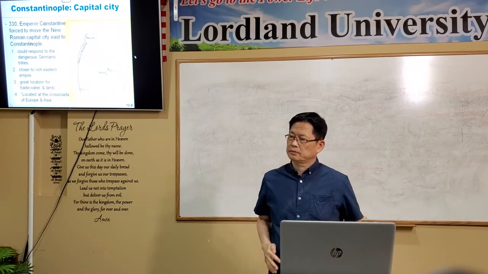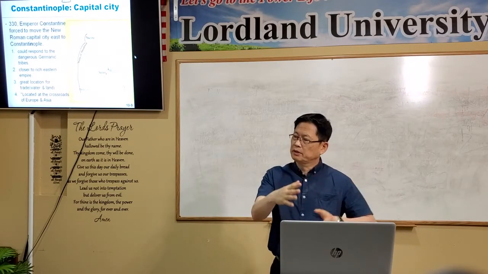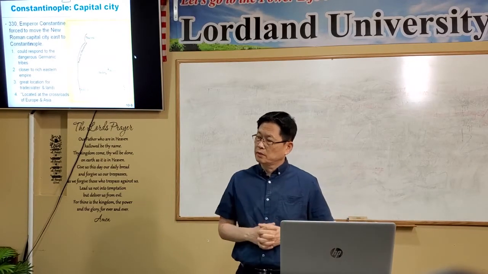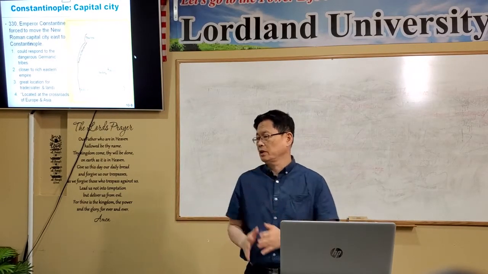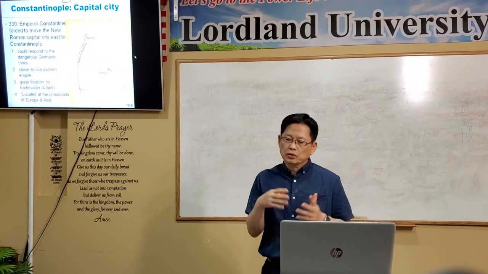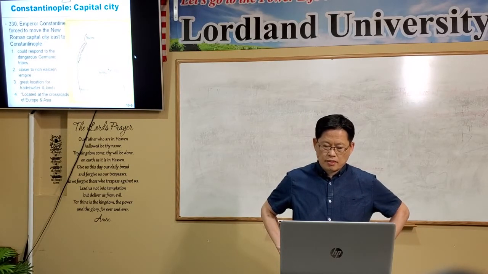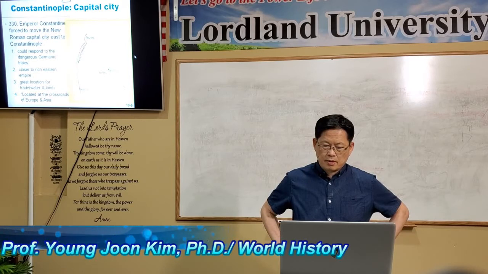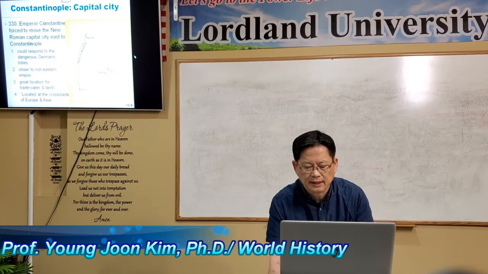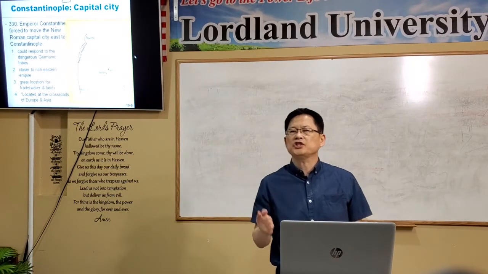The Dnieper River, the Danube River is the second largest river in Europe, and the Volga River is the third largest river in Europe. This capital city was located at the crossroads of Europe and Asia.